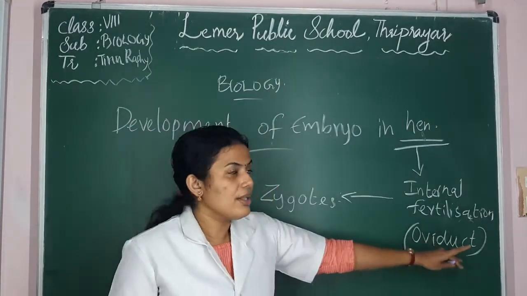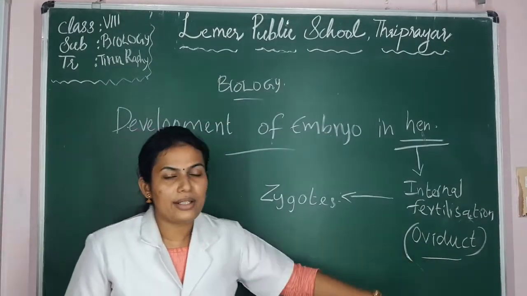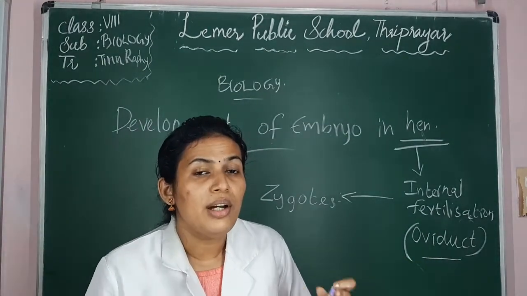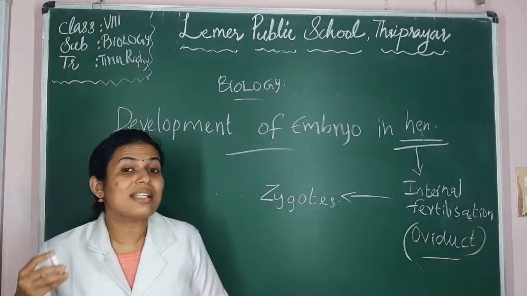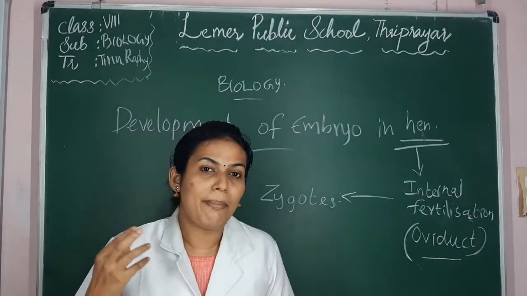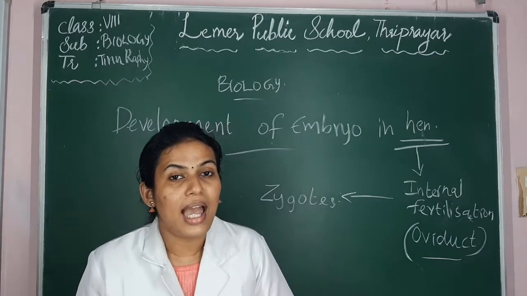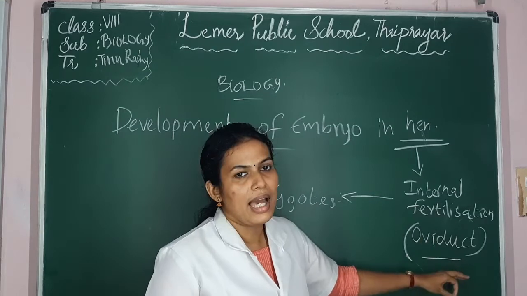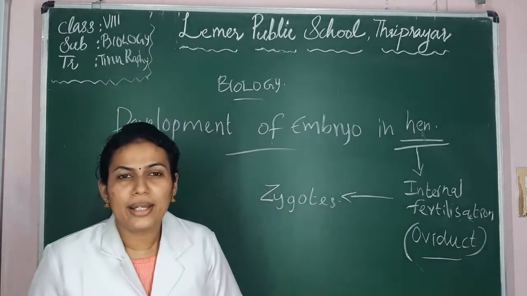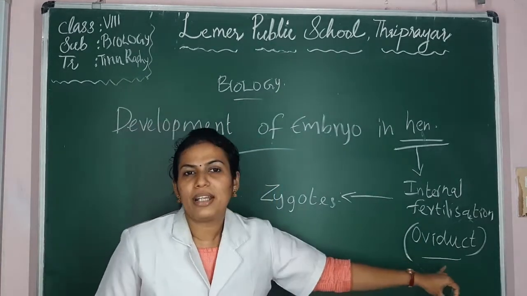Likewise, in the female reproductive organ, the oviduct is the region where fertilization happens in those organisms which show internal fertilization, like mammals, humans, cats, dogs, etc. So in a hen also, internal fertilization happens in the oviduct. So zygote is formed in the oviduct.